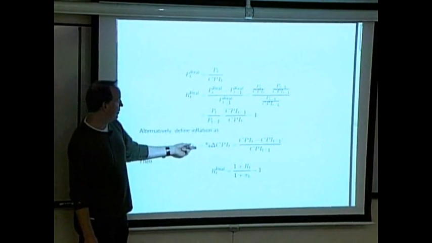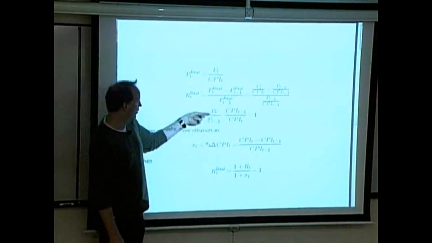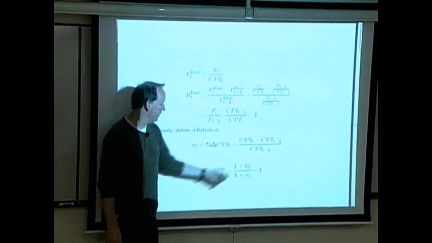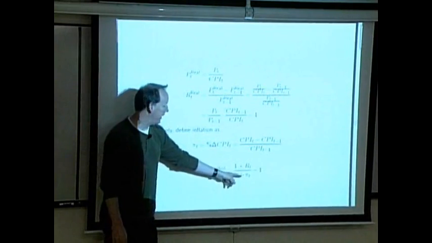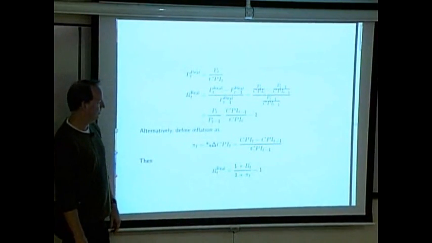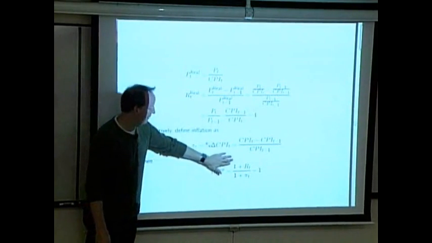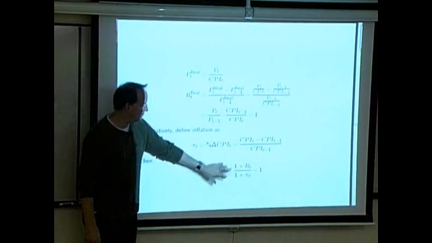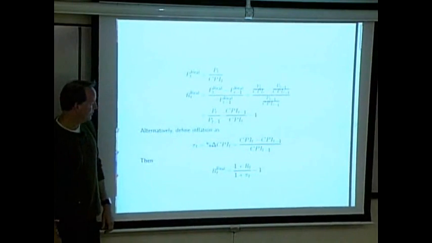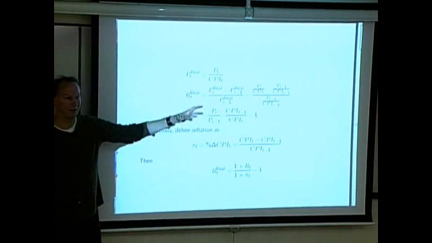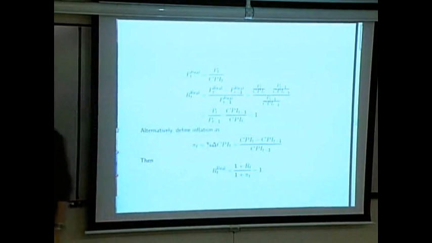So given this definition of inflation, we can rewrite the real return as, in fact, 1 plus the nominal rate of return divided by 1 plus the inflation rate, minus 1. Okay? So our real rate of return is related to nominal and inflation, but it's not quite as simple. It's not the nominal rate of return minus the inflation rate, right? We have this relationship here.